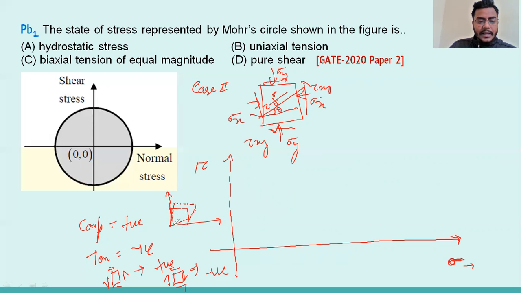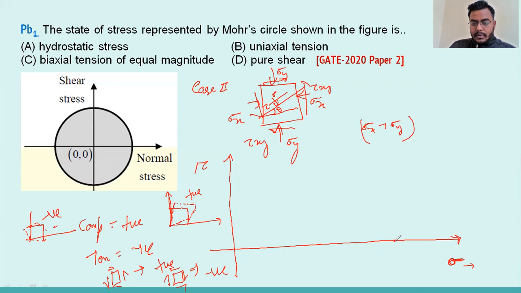First it was 90 degrees, then it is reduced by theta. In this case we will take it as positive, and when it gets increased, in this case we will take it as negative. Okay, so in this case also assume sigma x is greater than sigma y.